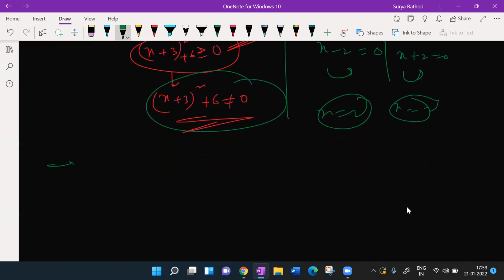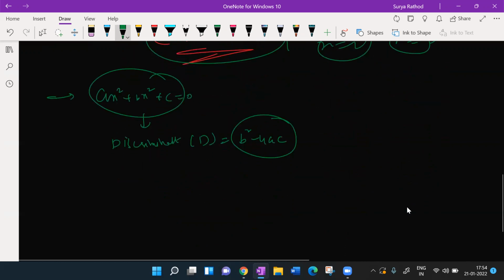One more thing, you were asking about the discriminant. The discriminant comes in a quadratic equation, ax square plus bx plus c. Discriminant is nothing but, I denote it with D, b square minus 4ac. It is the part inside the square root in the formula, x equals minus b plus or minus square root of b square minus 4ac by 2a.